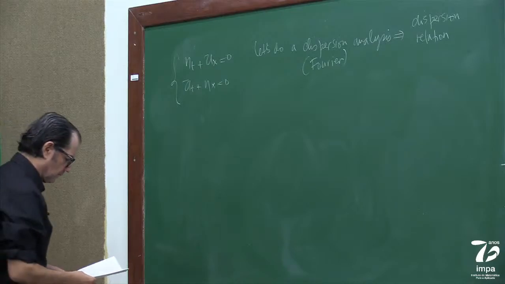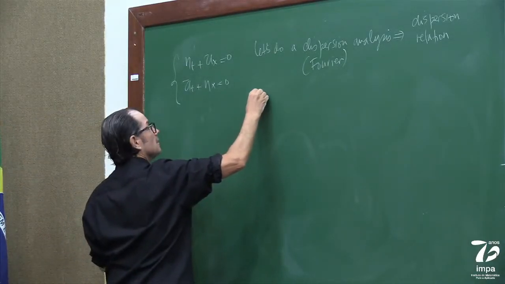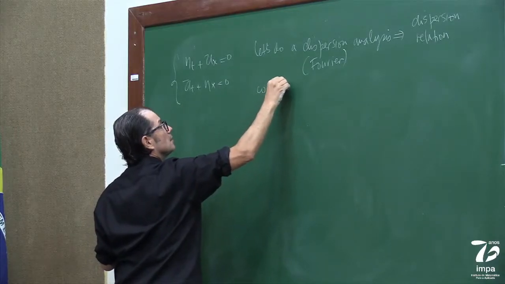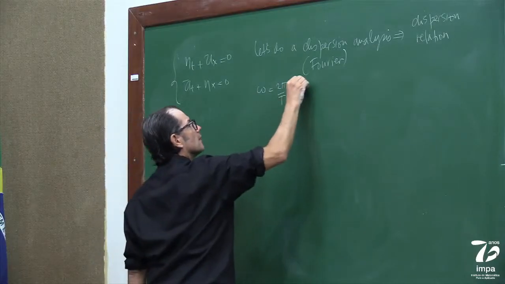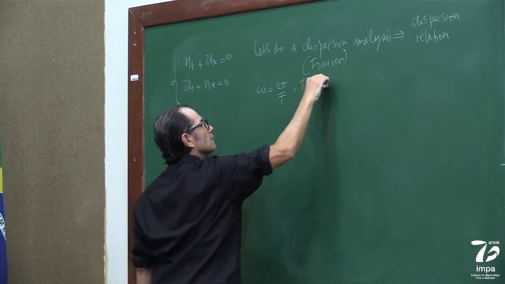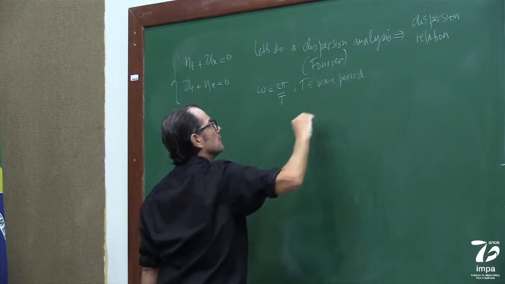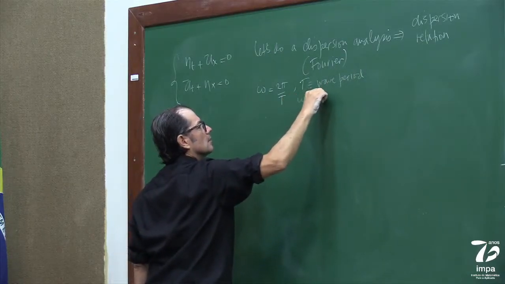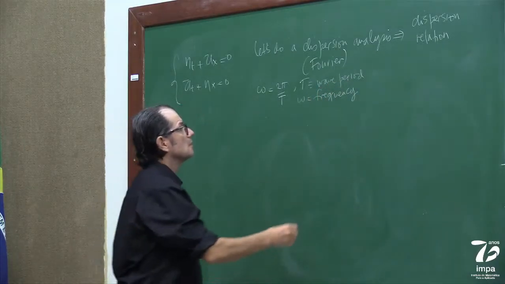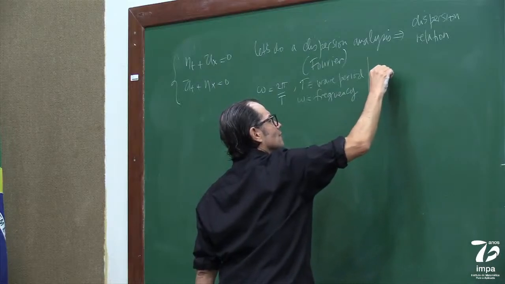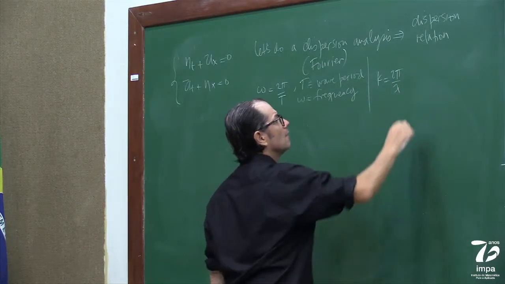Okay? So, omega is our angular frequency, right? So this is the wave period. Let's just call it frequency. We have the wave number, which I think I already mentioned before.